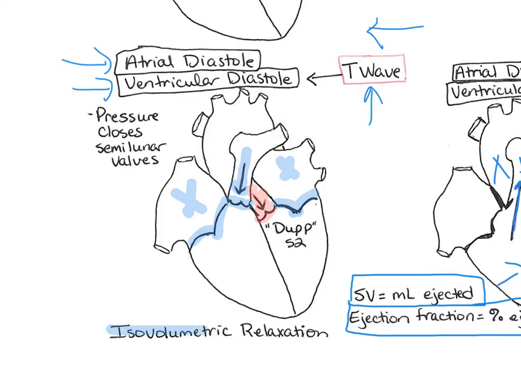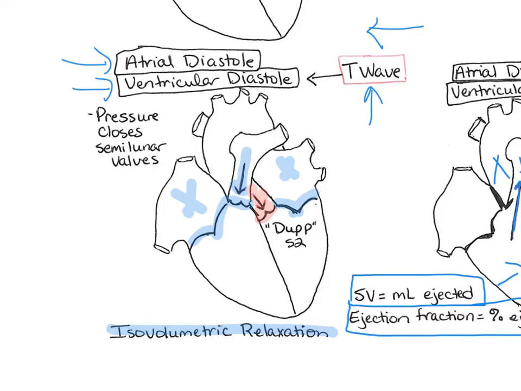So we call this isovolumetric relaxation, because the ventricles are relaxing, but the volume of blood in the ventricles is not changing in this first phase of ventricular diastole. So we call it isovolumetric, same volume, relaxation. Okay.